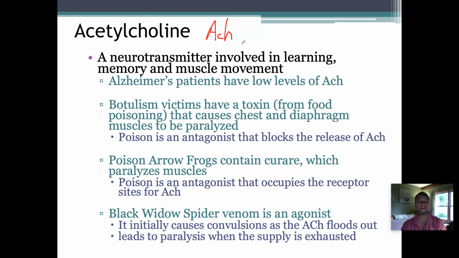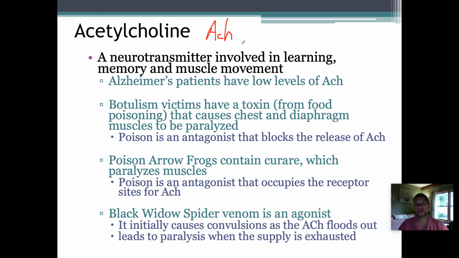And so the way that this works is that the botulism toxin is actually an antagonist to acetylcholine. So it blocks the release of acetylcholine. It doesn't let it get out of the presynaptic membrane. And therefore, the next nerve can't be stimulated. And so you can't move your chest muscles and your diaphragm in order to help you breathe.